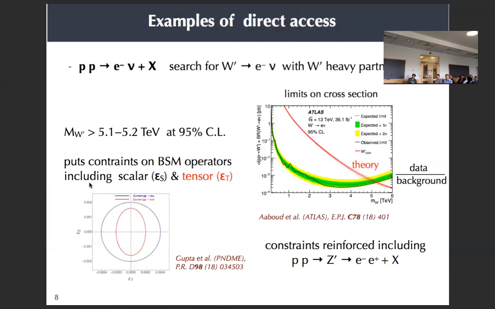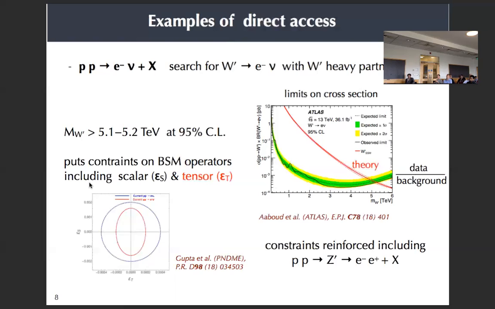And you see the constraints in this blue circle here. And if you do the same exercise looking at the final state made of lepton and anti-lepton, and you think that they can come from the decay of a Z prime, partner of the Z boson, then you put additional constraints and the circle becomes this red one here.